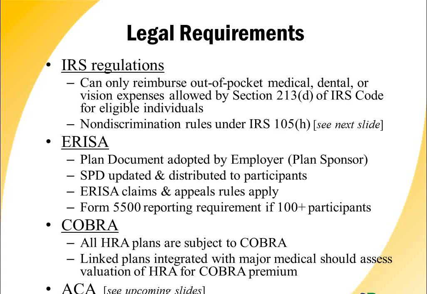The second main body of rules that govern HRAs is ERISA. As a group health plan, the HRA is required to have a plan document. That plan document needs to be adopted by the employer. Generally, the plan document is adopted by some action taken by the governing board of the company or a similar entity that is authorized to act on behalf of the employer.